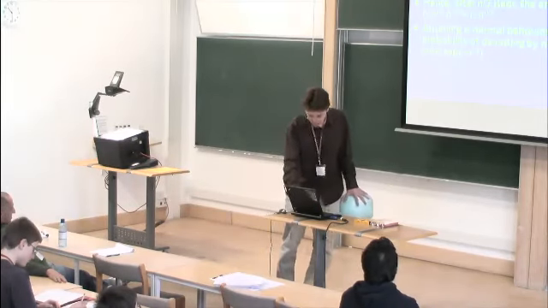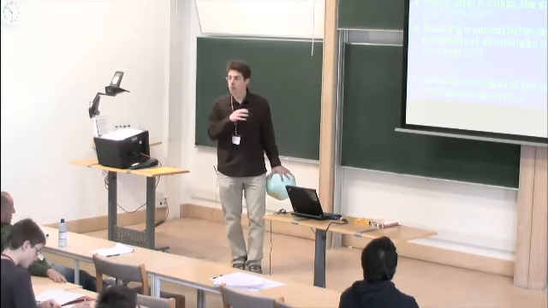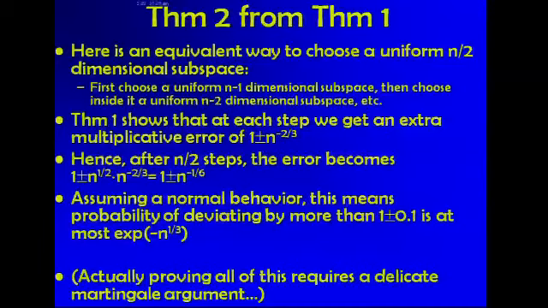You need to use some martingale argument to make all this go through. You do some kind of Bernstein argument to make sure the martingale goes through, and you indeed get the right statement. So that's it for how to derive theorem 2 from theorem 1.